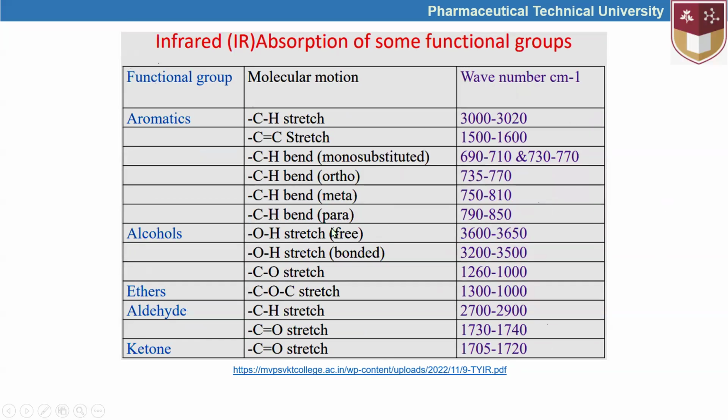Let's take a look at this part. Here we can see the differences in the disubstituted derivatives in ortho, meta, and para condition. In ortho condition, the wave number of absorption is between 735 to 770, in meta from 750 to 810, in para from 790 to 850.